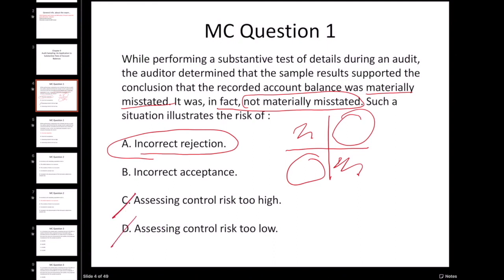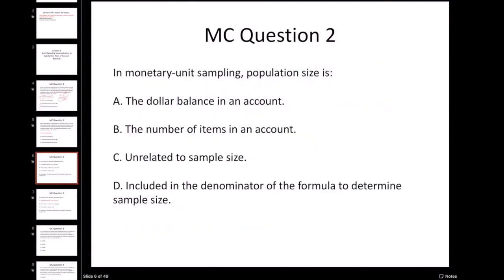These, remember, are relevant to chapter 8. Right, in monetary unit sampling, population size is what? Okay, so we have A, the dollar balance in the account. That is sounding like a pretty good answer to me.